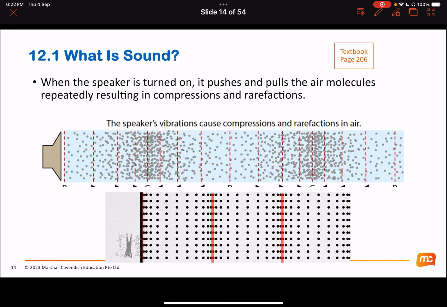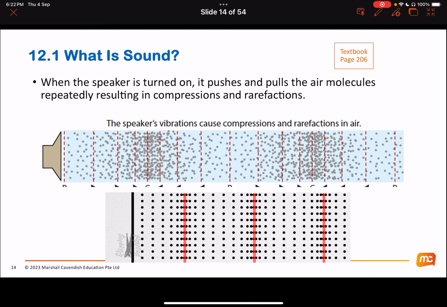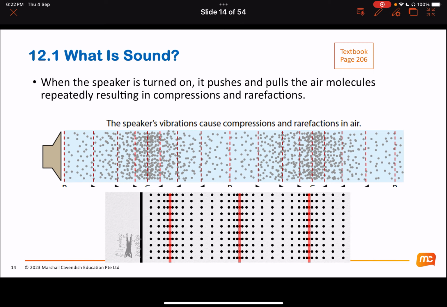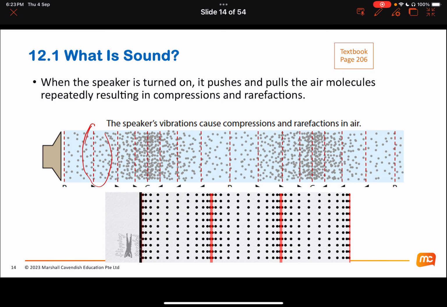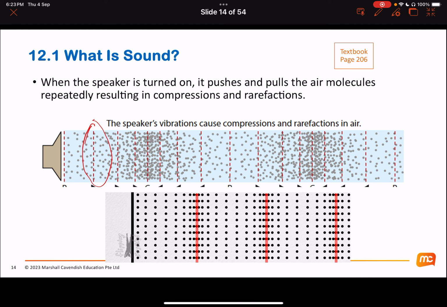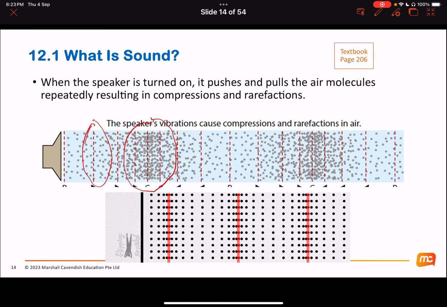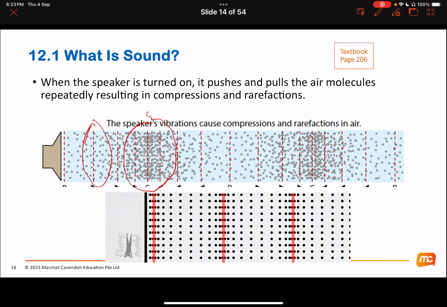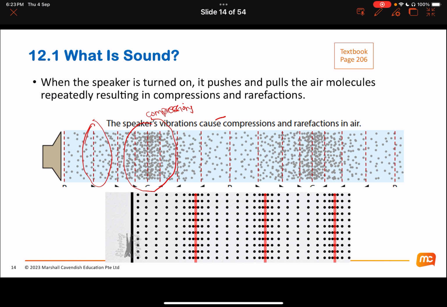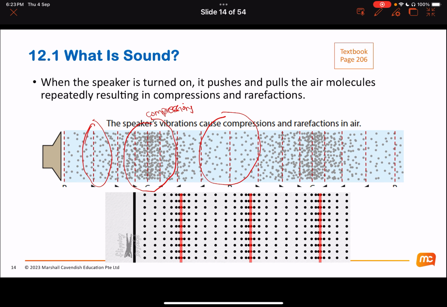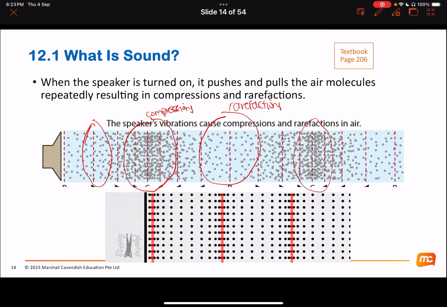What happens is that when we turn it on, you will see that this column of air molecules has shifted from their original position. This is the mean average position of all the air molecules in that column now. Once you see them compressing at certain points, these are what we call the compressions. Then there are areas whereby they are very sparse, and these are the rarefactions, then compression again.